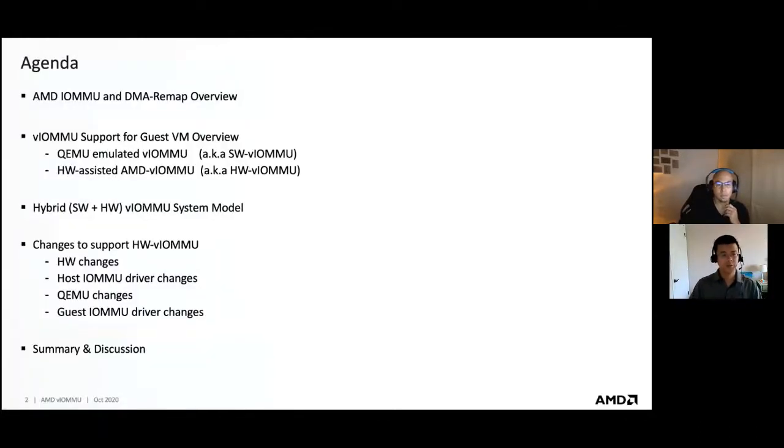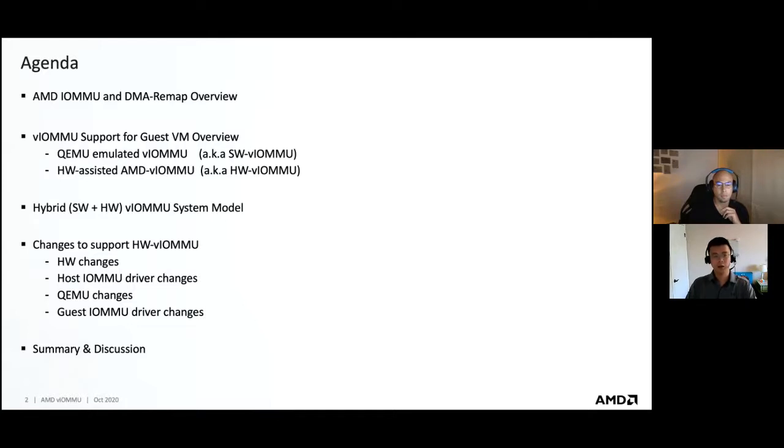Here is the agenda for today's presentation. At the beginning, I will give a brief overview about AMD IOMMU and how DMA-Remap works in this hardware. For VIOMMU support inside a guest VM, there are two types of VIOMMU. The first one is QEMU emulated VIOMMU, also known as software VIOMMU.